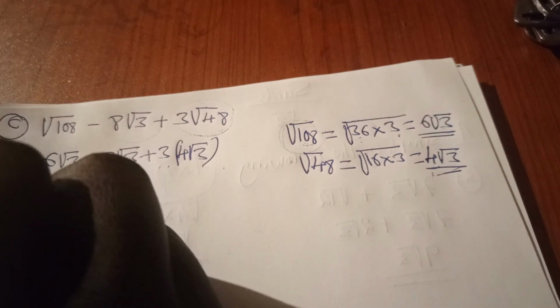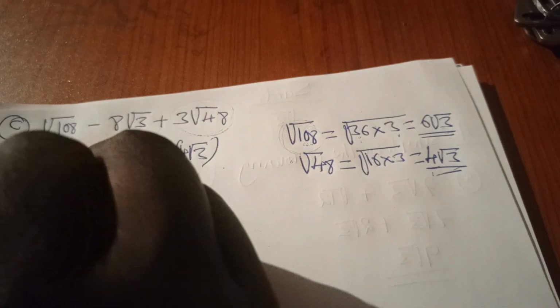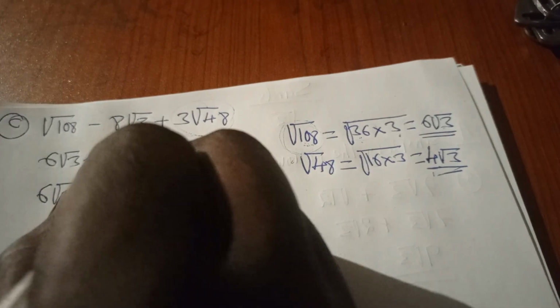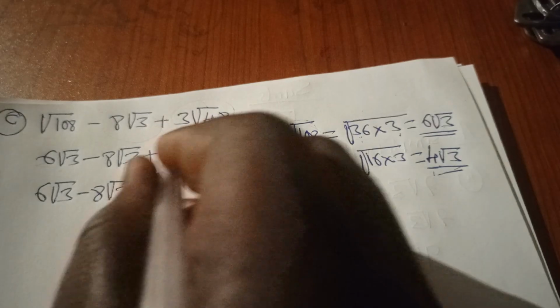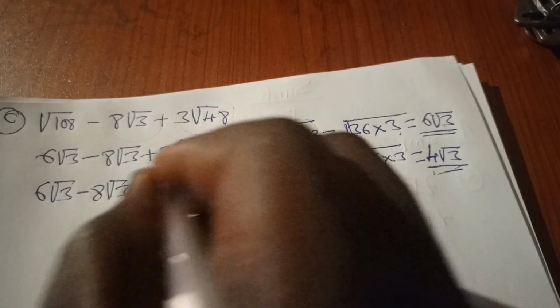From here, I'll proceed. I will say 6 root of 3 minus 8 root of 3, then 3 times 4, which is plus 12 root of 3, like this.